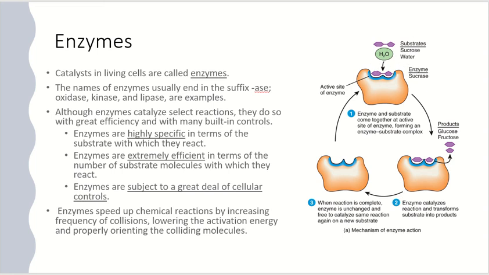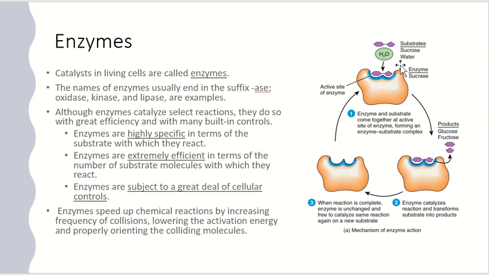The second thing is that they are extremely efficient in terms of the number of substrate molecules with which they will react. If a single substrate molecule is present, that enzyme is going to make a reaction occur with that single substrate molecule.